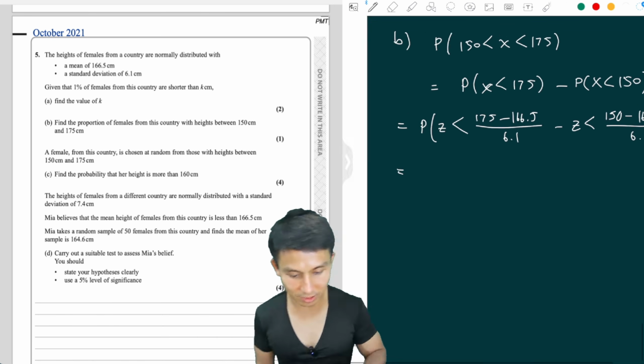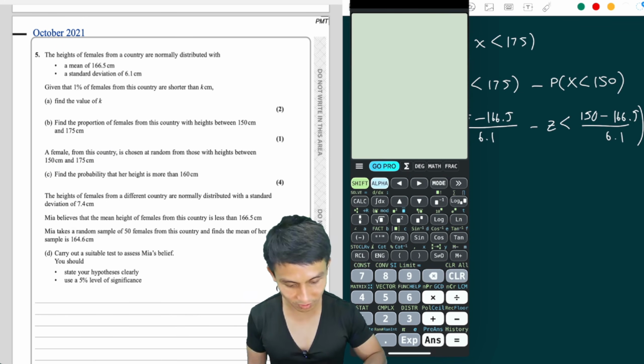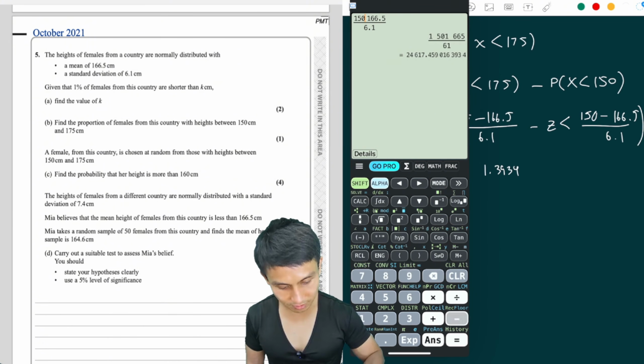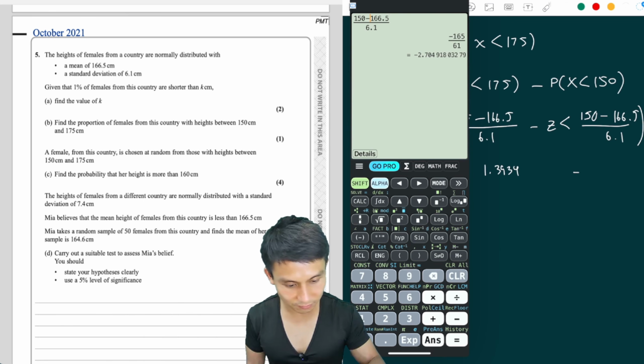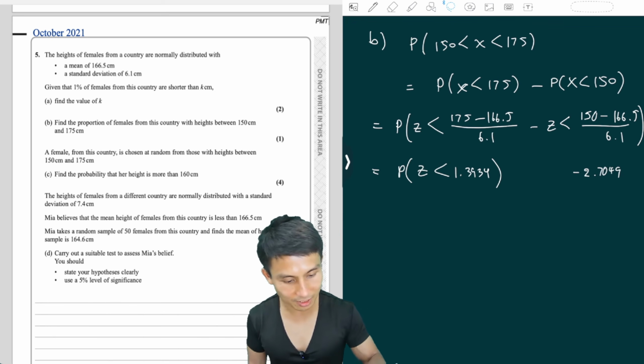I'm just going to calculate those two Z values. You can hang around to see how I do it without using that function of the calculator, or you can go to the next bit. That would be Z of 1.3934, and the other one would be negative, Z of minus 2.7049. So it is P(Z less than that) and P(Z less than that).